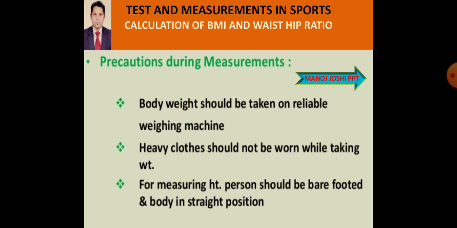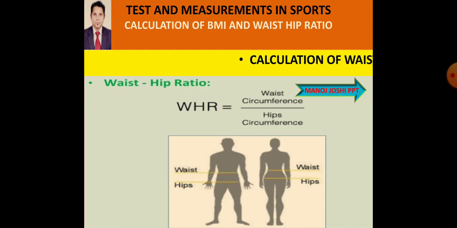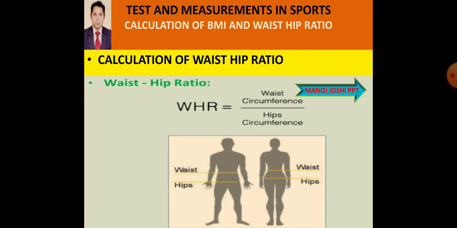Another test that we will discuss is the WHR, that is waist hip ratio. In the waist hip ratio, we calculate using the waist circumference and hip circumference. In the picture we can see where we are measuring the waist circumference and where we are measuring the hip circumference.